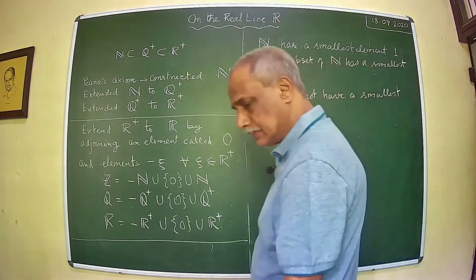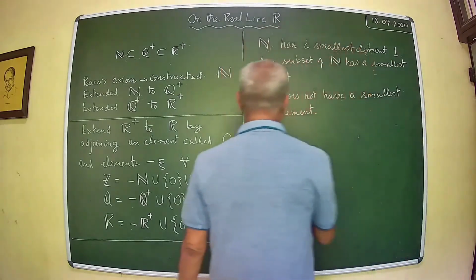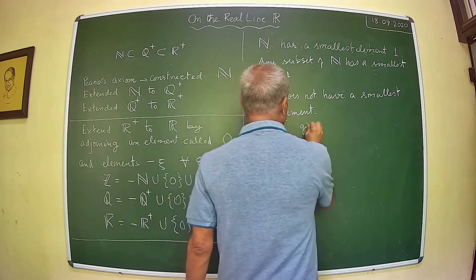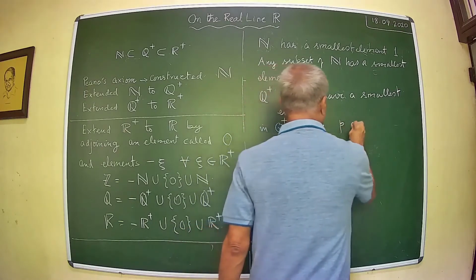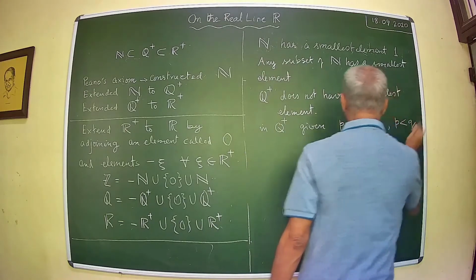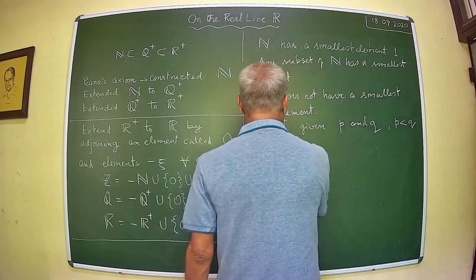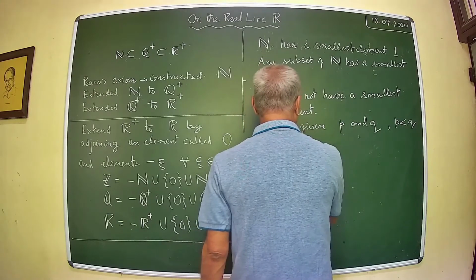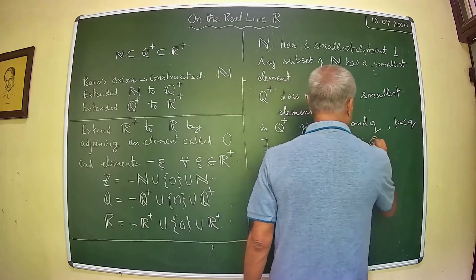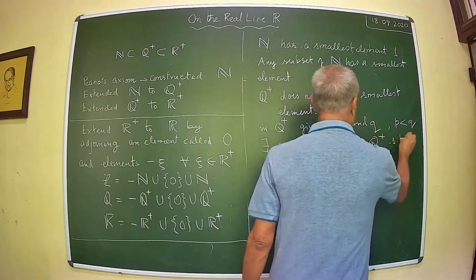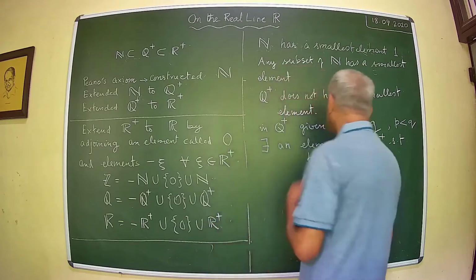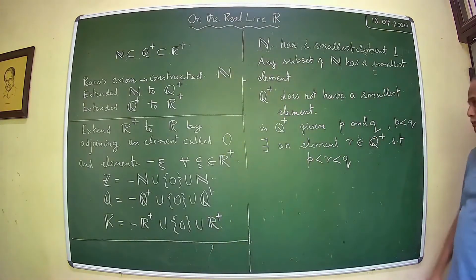And in fact, we also had this property that in Q plus, given P and Q, with P less than Q, there existed an R belonging to Q plus such that, in fact, P plus Q by 2 serves the purpose.